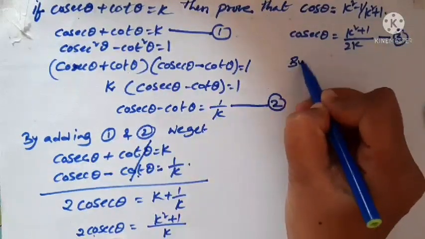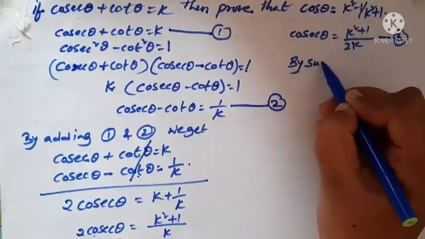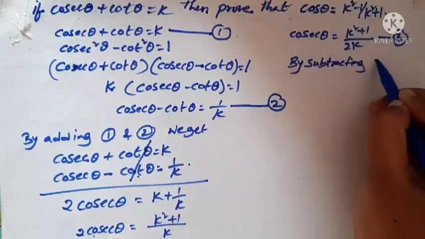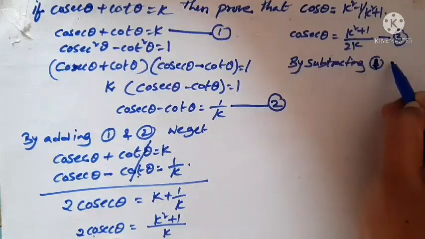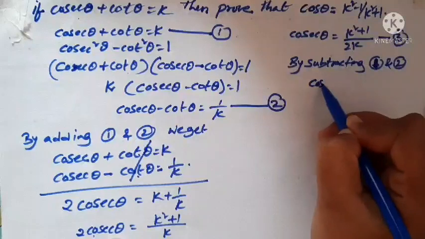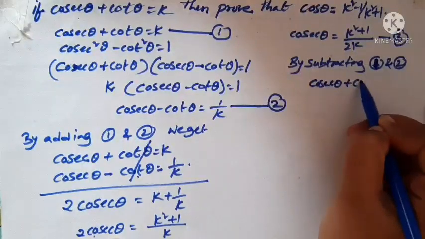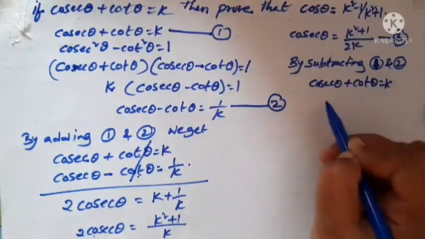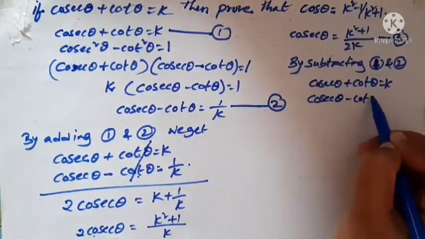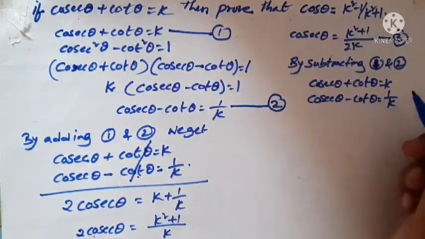Again by subtracting equation 1 and equation 2. Okay. So cosecant theta plus cot theta is equal to k. Again you take cosecant theta minus cot theta is equal to 1 by k.